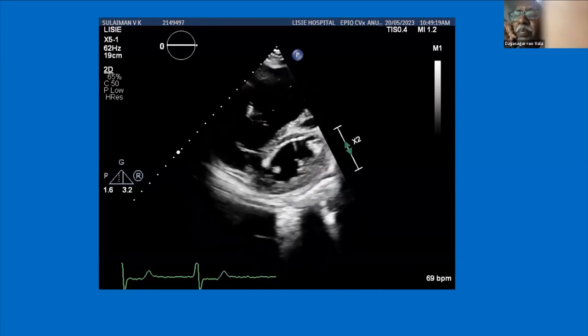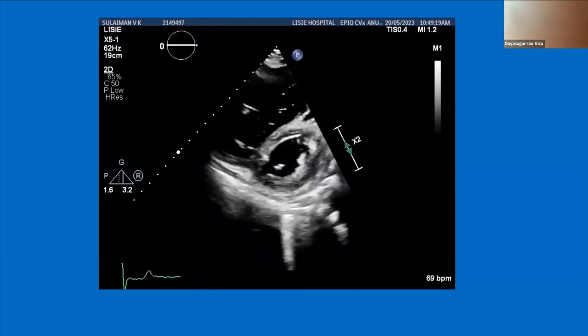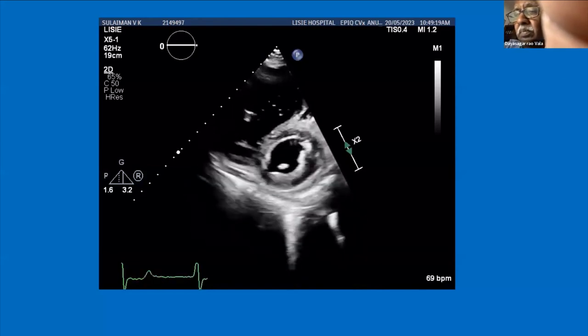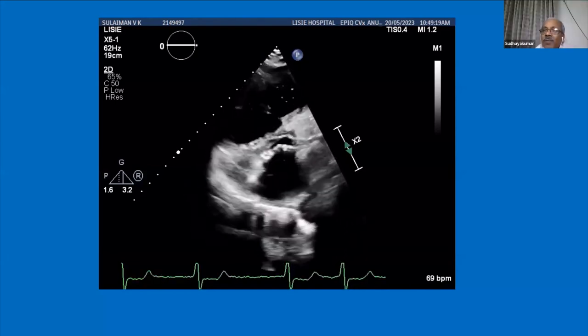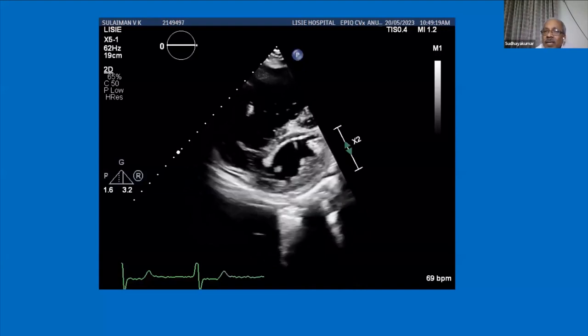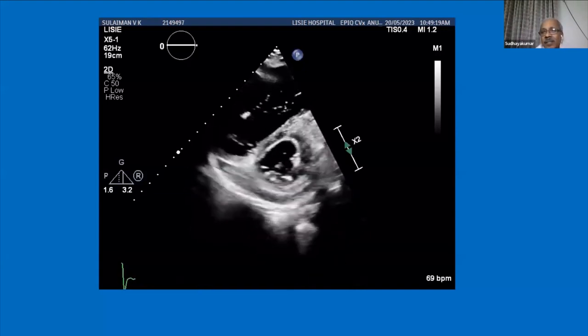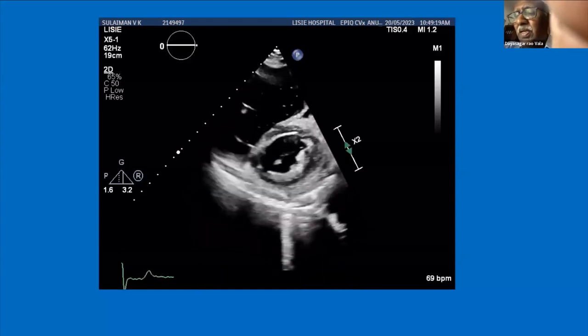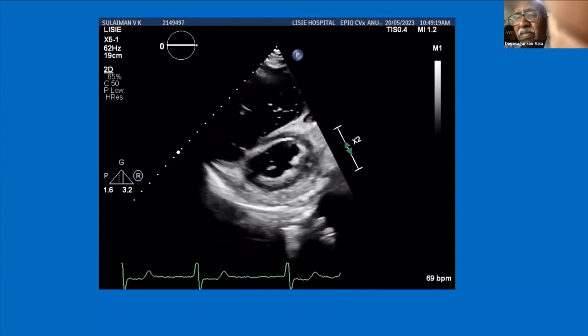If it is D-shaped in diastole, what is the implication? The RV is dilated and which pressure is higher? Diastolic pressure in the RV is more than the diastolic pressure in the LV.